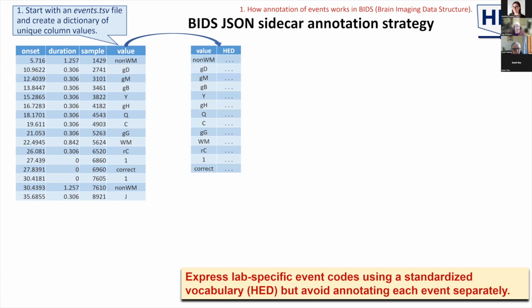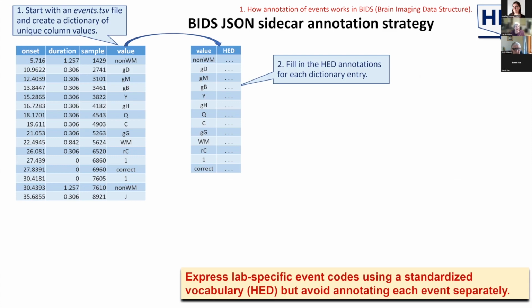And usually that's a much smaller number of annotations to do. And those values are typically common across the data set. So it's typically 10 to 100 values, and they're shared across the event files in the data set. And so I create the dictionary and I fill it in with the HED annotations for each entry.